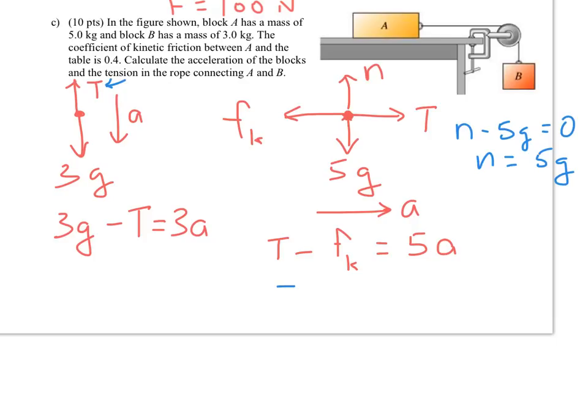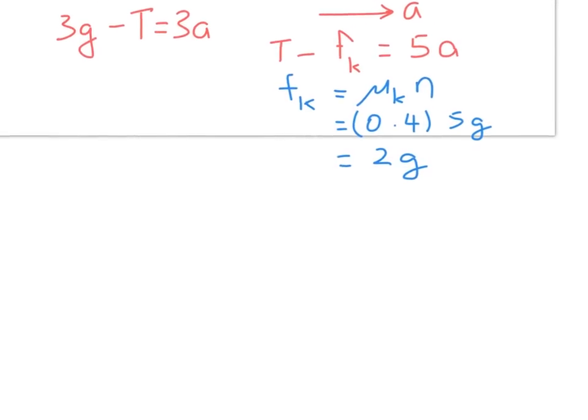Because you know that kinetic friction is equal to mu sub k times the normal force. And now that you know n, you can work this out. Mu sub k, the coefficient of kinetic friction, is 0.4, and n is 5g. If you take 0.4 times 5, this is equal to 2g. Let me get more space.